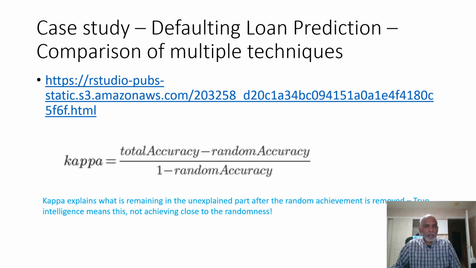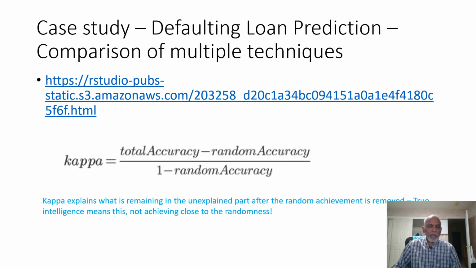In this case, I want to introduce a measure, kappa. It is called total accuracy minus random accuracy, divided by 1 minus random accuracy. What it means is that kappa explains what is remaining in the unexplained part. Total accuracy will have random accuracy included in it, random assignments, so you have to remove the random accuracy from the total accuracy.